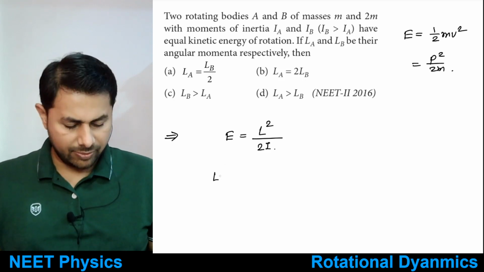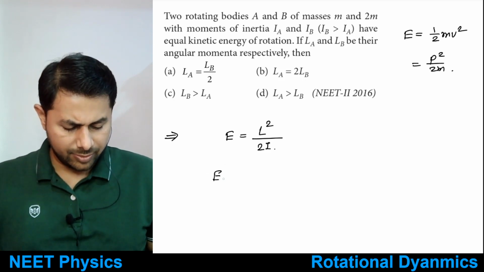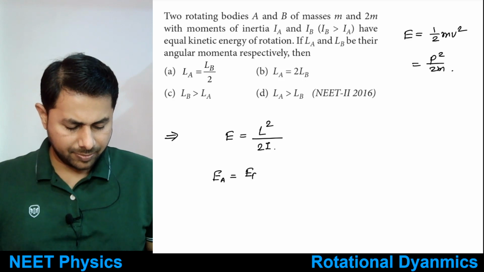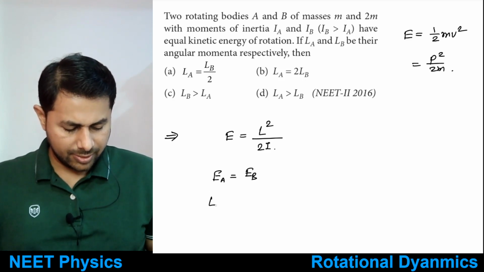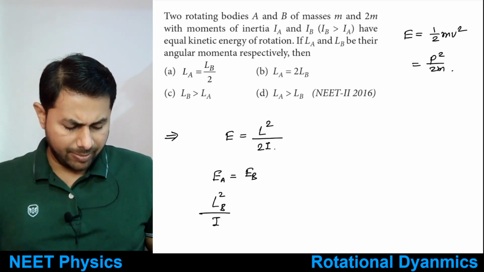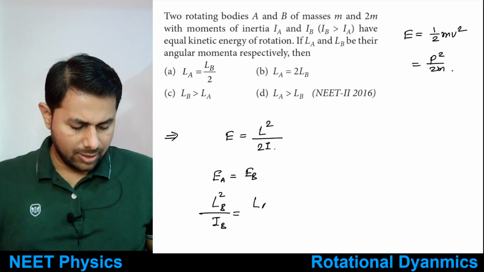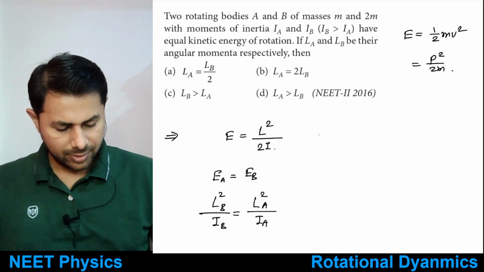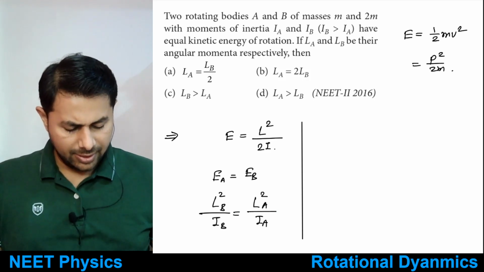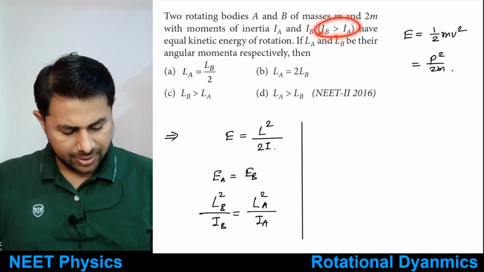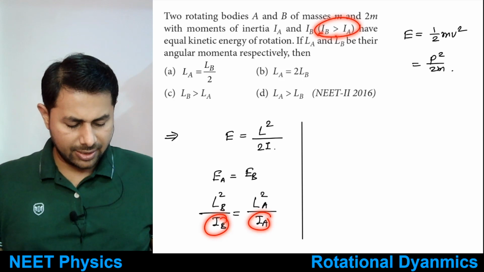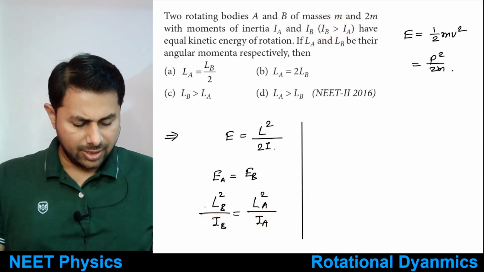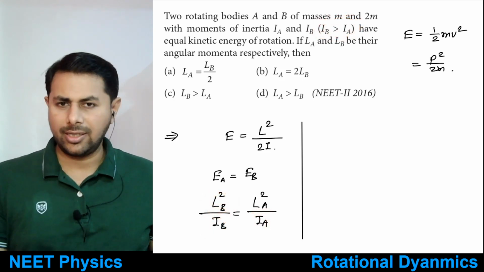Since energy is equal, EA is equal to EB, so LB square divided by IB is equal to LA square divided by IA. And IB is greater than IA, so LB square must be greater than LA square.